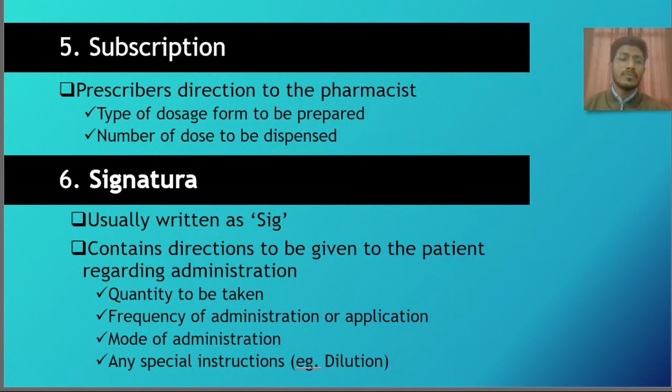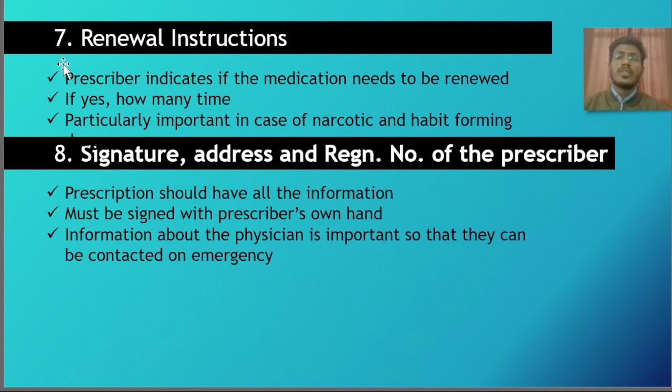After signatura come the renewal instructions. The prescriber indicates if the medication needs to be renewed, and if yes, how many times it should be renewed. Particularly, this becomes very important in the case of narcotic drugs and habit-forming drugs. In some cases where the drugs become addictive, even after getting cured, patients tend to misuse the prescription.